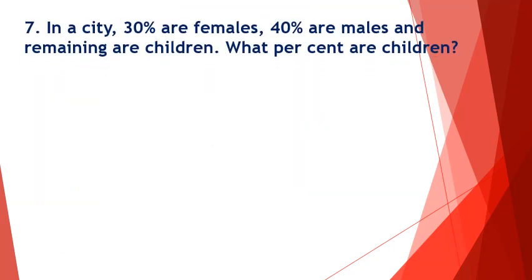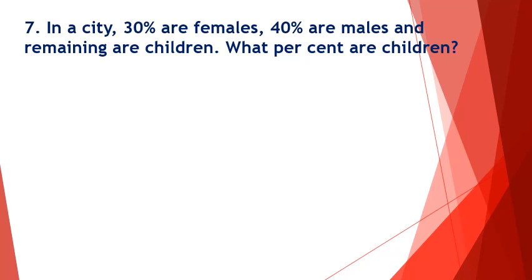Our next question number 7. In a city, 30 percentage are females, 40 percentage are males, and remaining are children. What percent are children? So the total percentage or the total people will be 100 percentage.